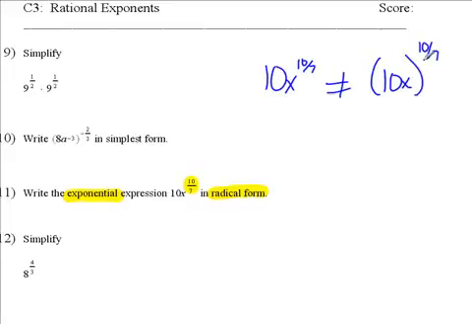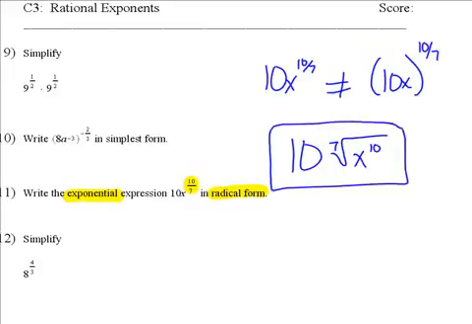And the expression on the right, the 10/7 works on the 10 and the x. And in the problem, the 10/7 just works on the x. So nothing's going to happen to that 10. We're going to leave the 10 alone, and we're going to rewrite the x to the 10/7 as the 7th root of x to the 10th. So that's where we should have ended up on number 11. And the difference is what is the 10/7 working on? Is it working on the 10 and the x, or just the x? And in our case, it was just the x. Any questions on that one?